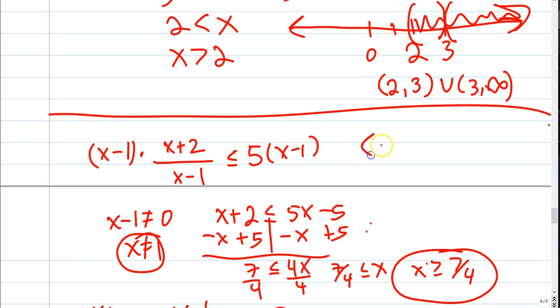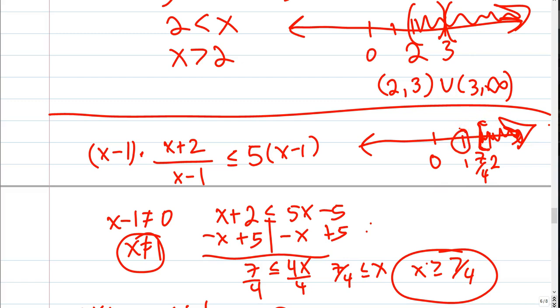When I go to graph this, well, where is 7/4? Well, between 1 and 2 would be 7/4, 1.75. And we said x is greater than or equal to that. So greater than means to the right. Equal to means a bracket. This is not new. Where was our hole?